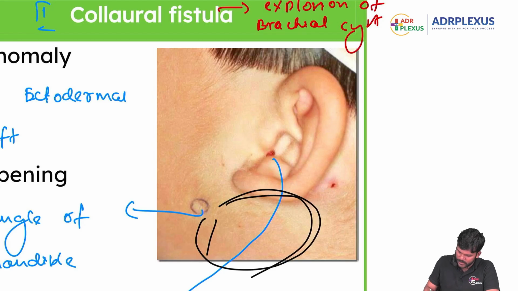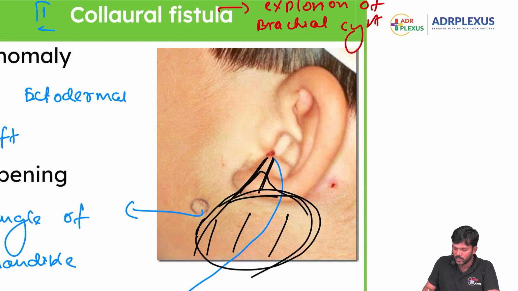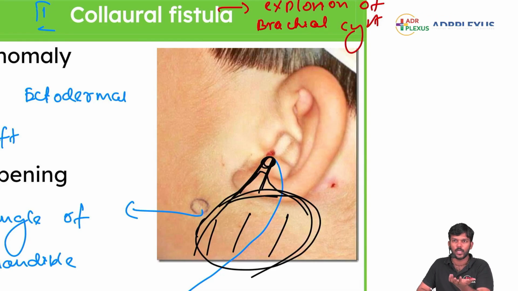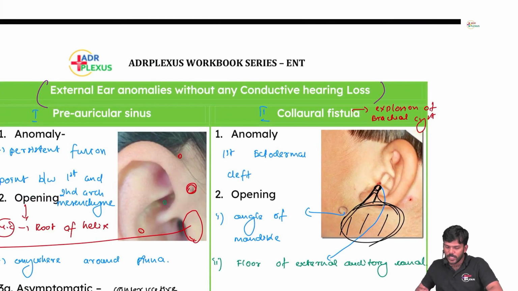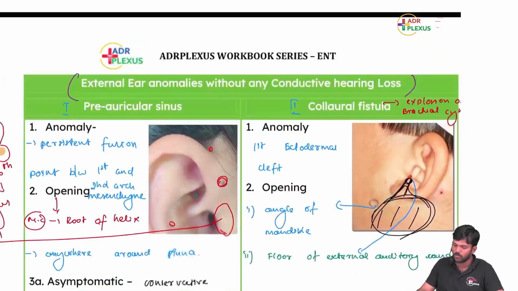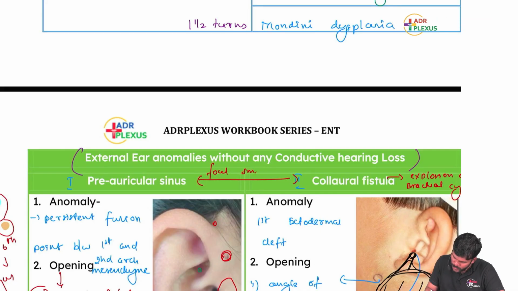If this is the branchial cyst, this is its superior end, which was supposed to be intact. In some cases, if it spreads to the floor of the external auditory canal, it could explode and become a fistula. Fine. So this preauricular sinus and this coloboma fistula both will have foul smelling discharge as the symptom.